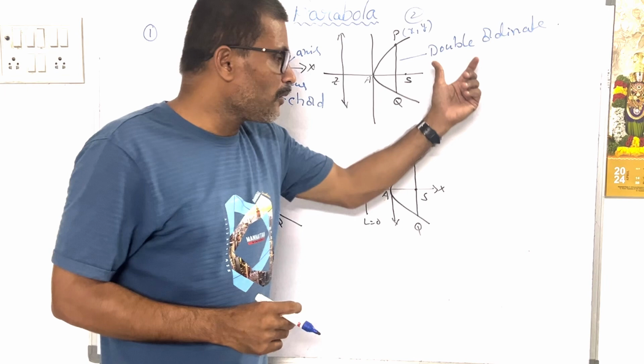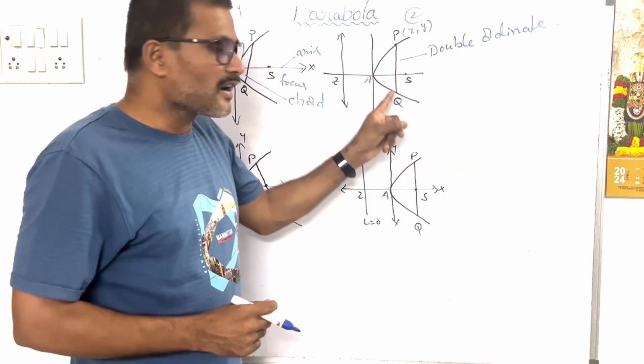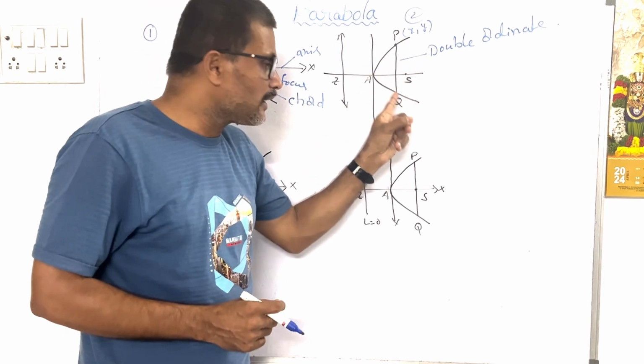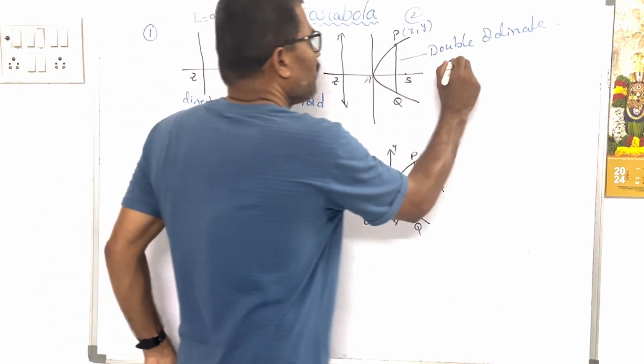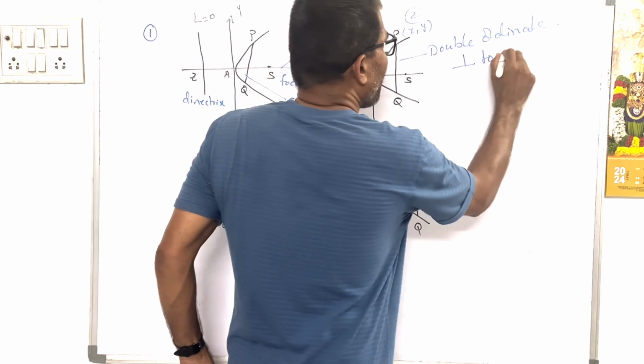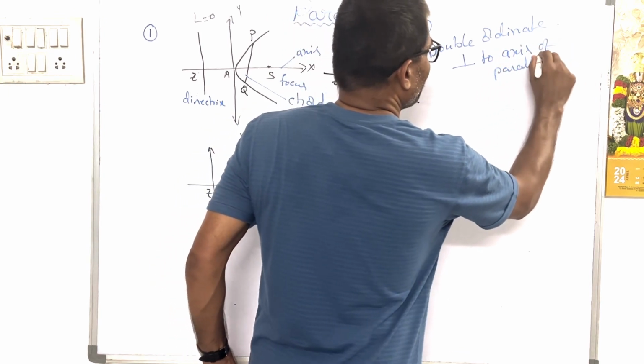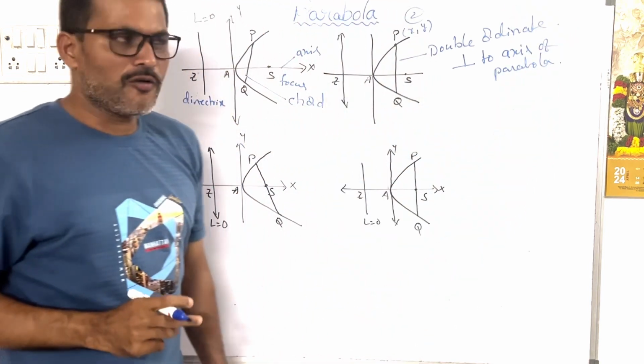The definition of double-ordinate is any chord passing through a variable point and perpendicular to the axis of the parabola.